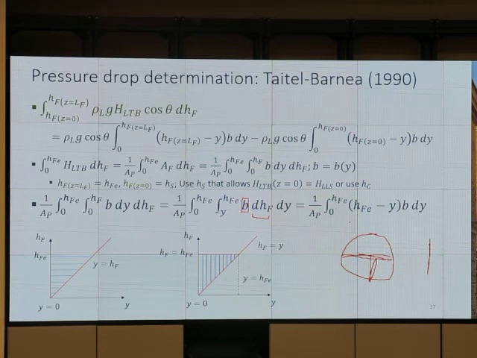So that is the reason we can move B out of this part, and we integrate inside. Integrate 1 in x from h_FE minus y. So that's why we get that, and B stays.